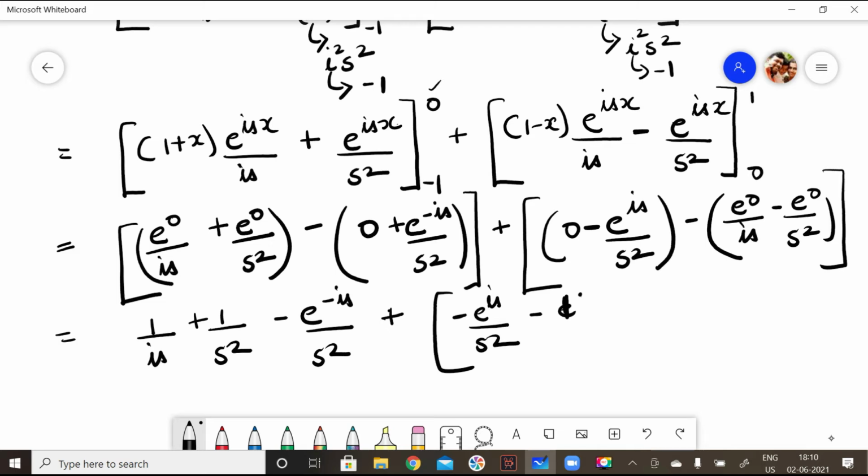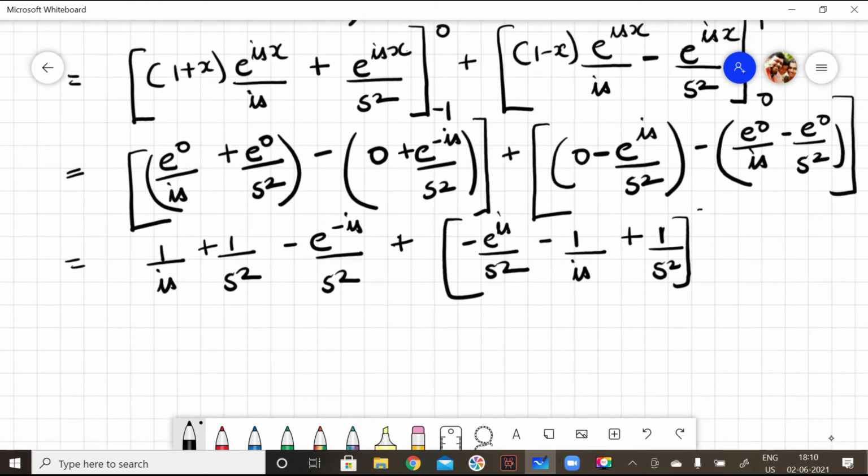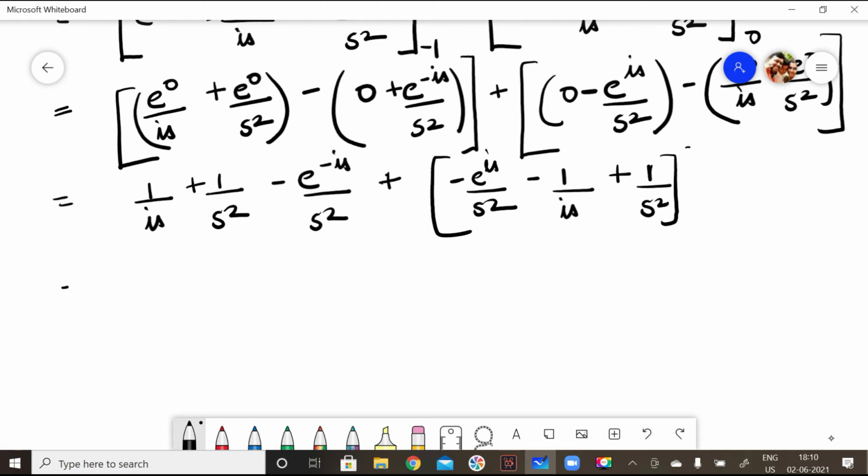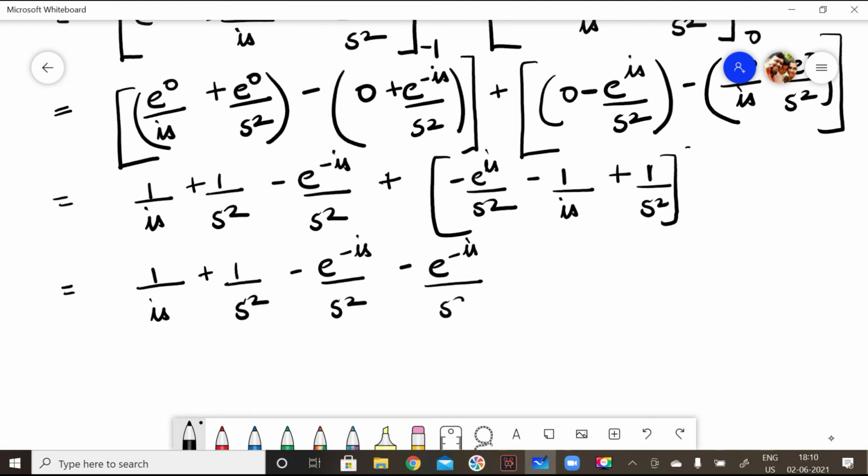So 1 by is, minus into minus is plus 1 by s square. Now it is 1 by is plus 1 by s square minus e to the power minus is by s square minus e to the power is by s square minus 1 by is plus 1 by s square.